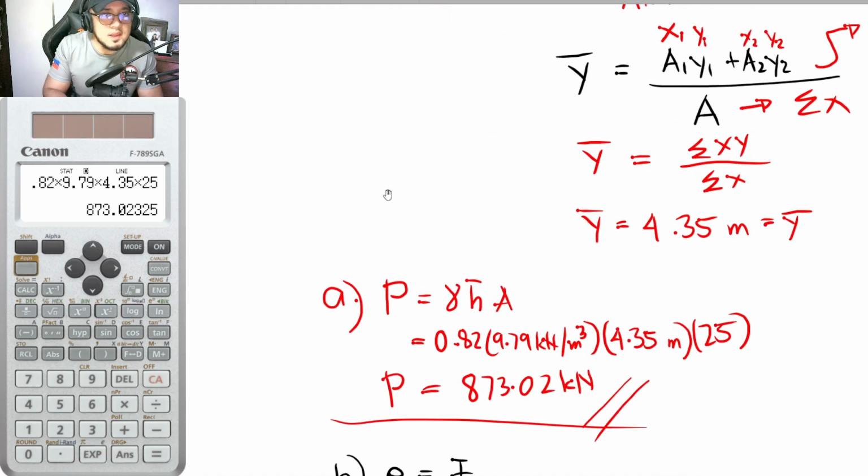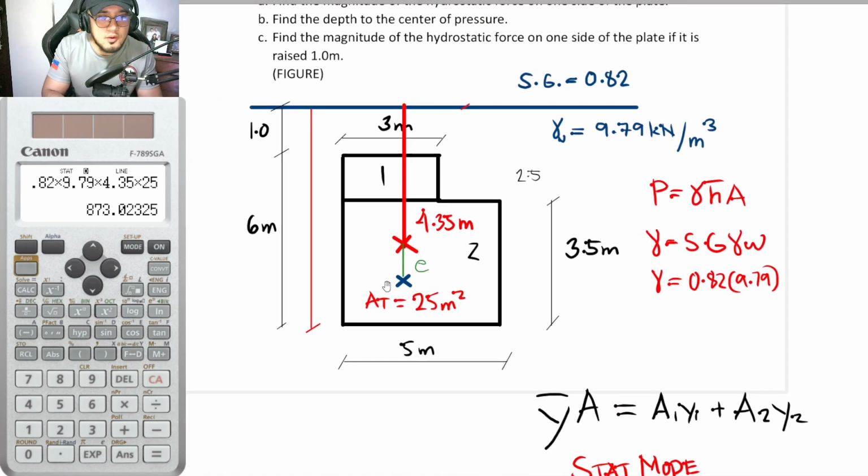Okay, so with that, let's say that this is now our figure. Let's say that the red part here is the centroid of the whole figure. And since we have divided this into two areas, we have a centroid for rectangle number 1, and we also have a centroid for rectangle number 2.